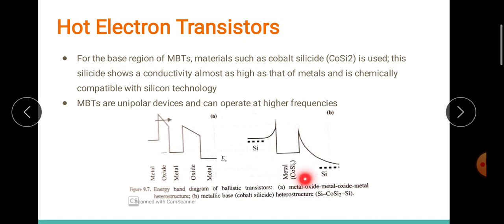And we have another kind of MBT, which is the silicon cobalt silicide and silicon heterostructure. So here cobalt silicide, CoSi2, is chosen for the material for the base region.